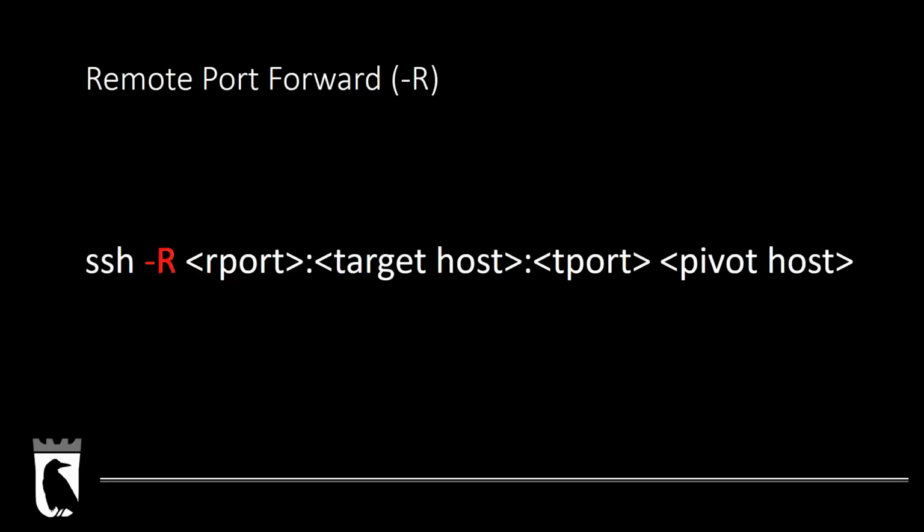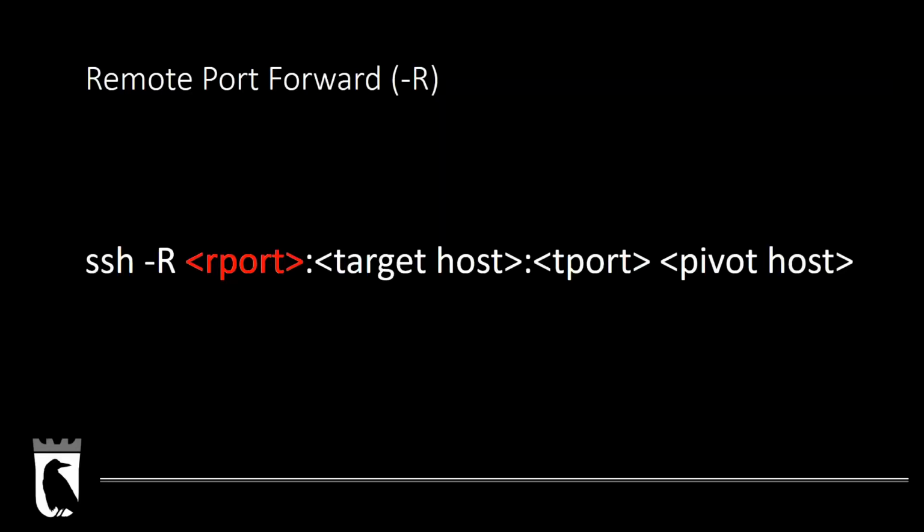So we use a -R to tell SSH that we're remote port forwarding. And this is how remote port forwarding works. We're going to forward a port on the pivot host, on the host that we're actually SSHing to. We're going to forward a port on that machine to a host and port that our initiating client can access, okay?